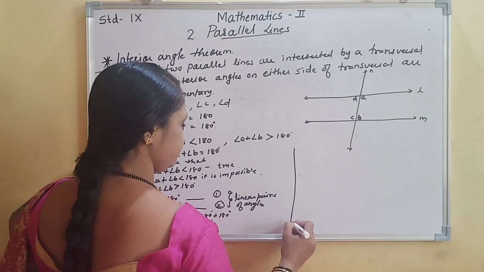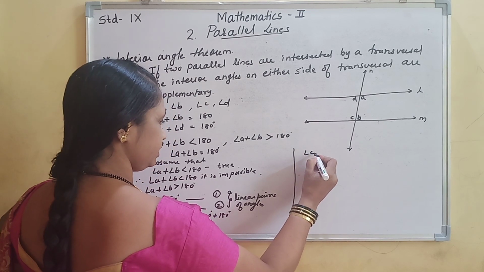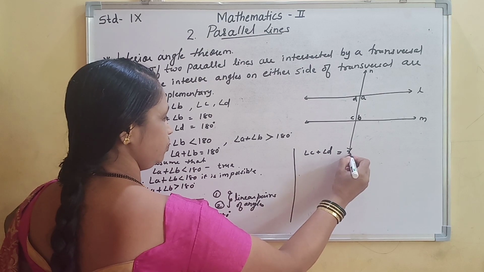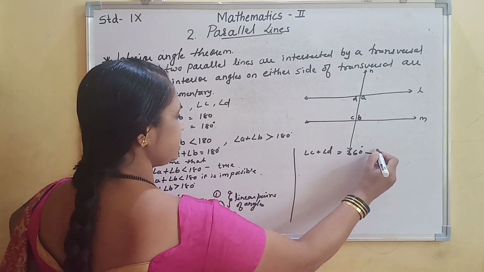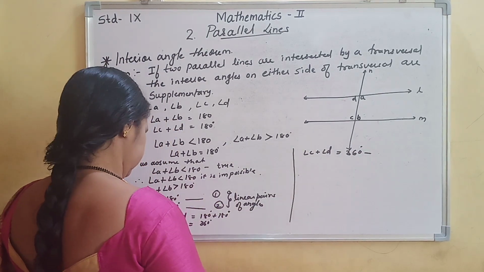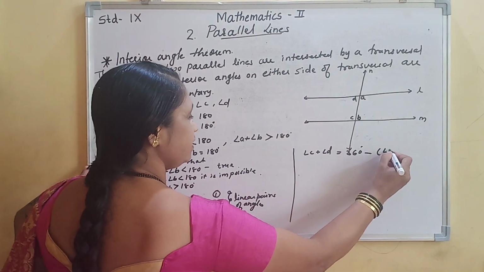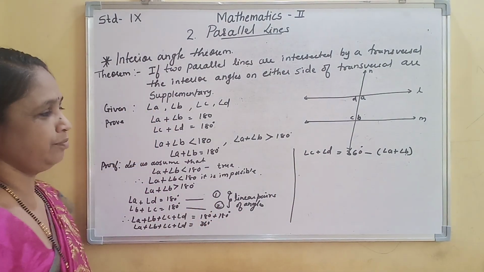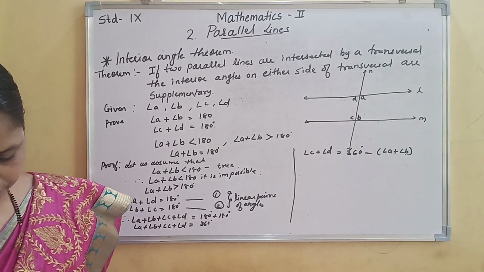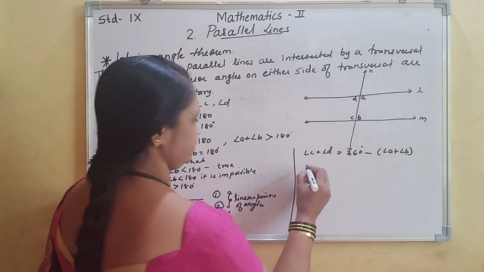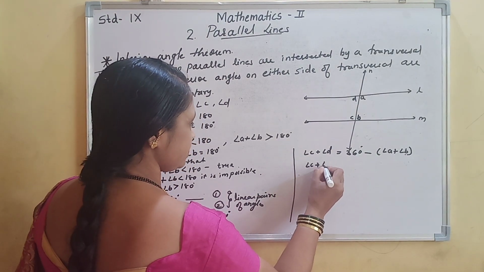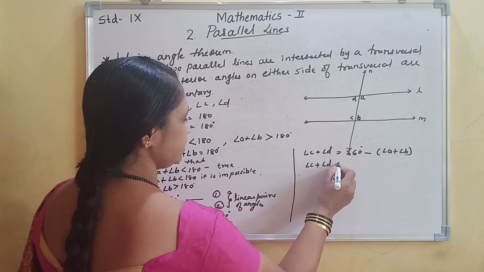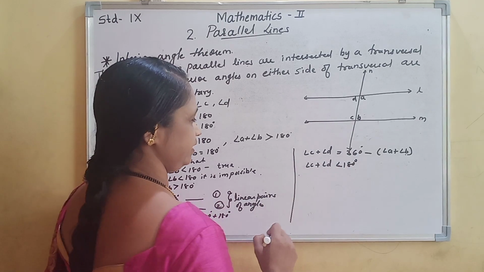Now therefore angle C plus angle D is equal to 360 minus angle A plus angle B. Okay, means angle C plus angle D is less than 180 degrees.